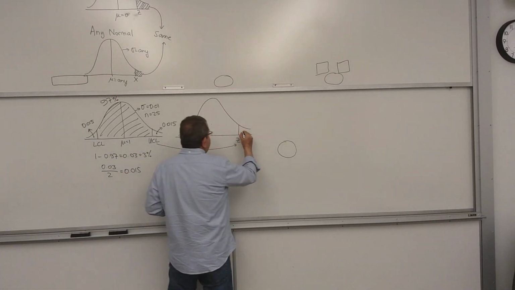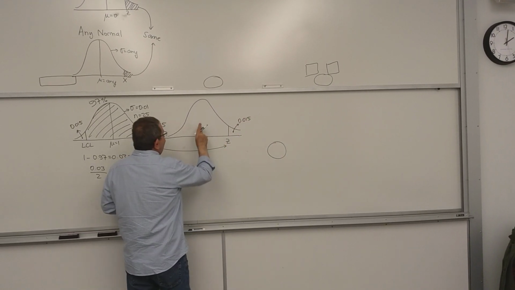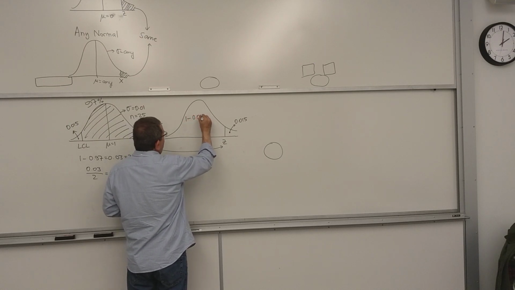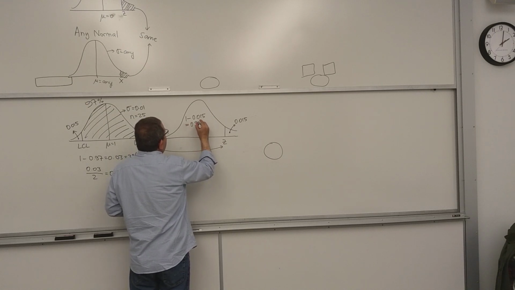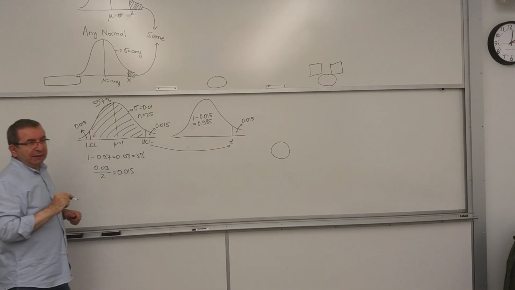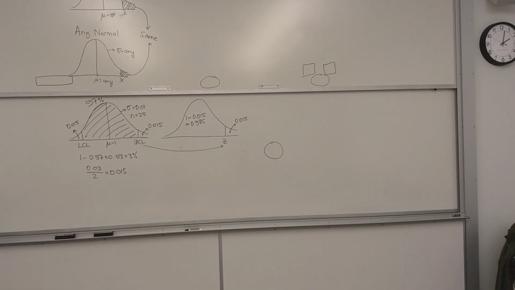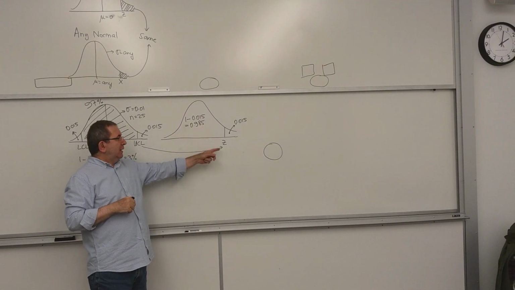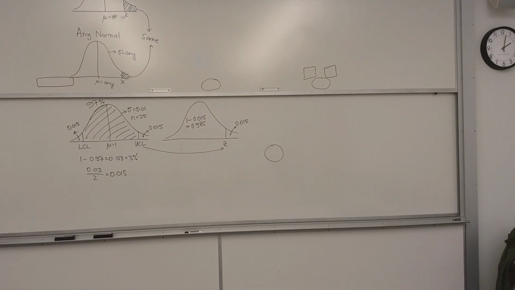For that, the tail probability must be 0.015, and the belly probability will be 1 minus 0.015, which is 0.985. This is the belly probability. Okay? So we need to find this belly probability, and then from there we can go to the z value.